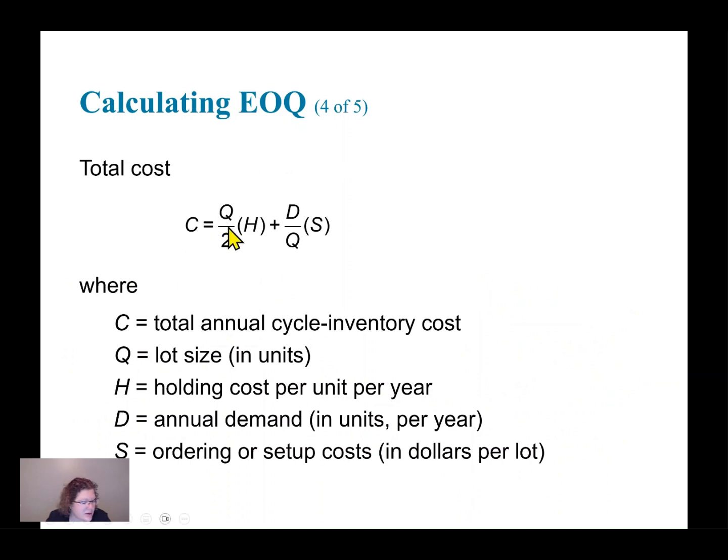So our cost equation is our average lot size, Q over 2, times my holding cost. This is the cost of holding over the course of the year, plus my annual demand divided by lot size times my ordering cost. So this would be the average ordering cost over the course of the year.